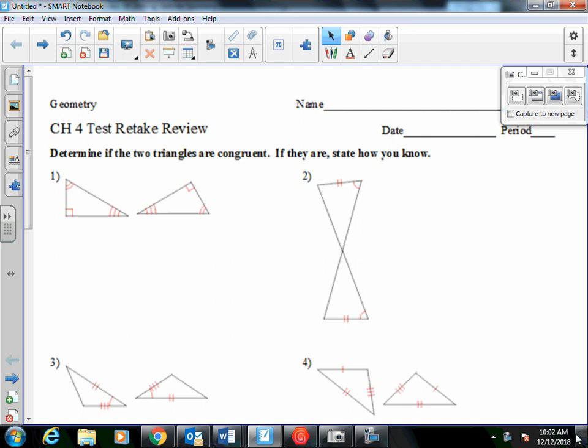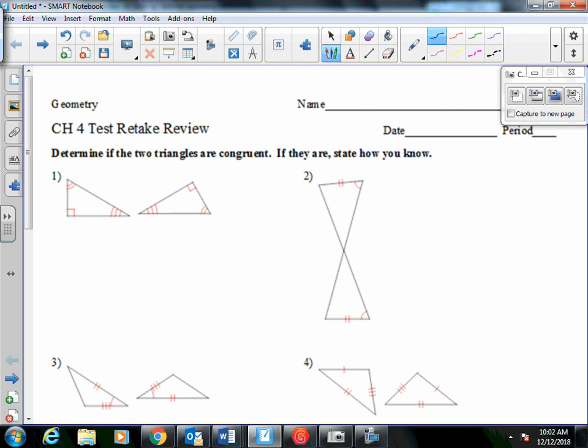All right, so this first triangle here, triangle 1, you've got one angle congruent to an angle, another angle congruent to an angle, and then we've got a third angle congruent to an angle. The right angles are going to be congruent. In this case, we have three angles congruent to three angles, but there is no angle angle angle congruence postulate, so this one is going to be not enough information.